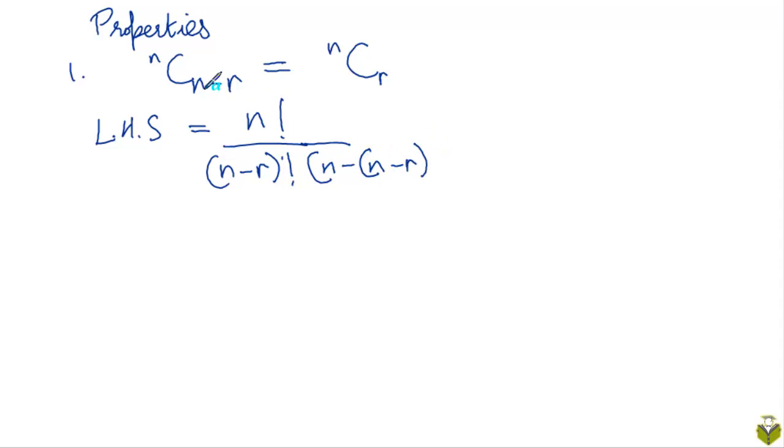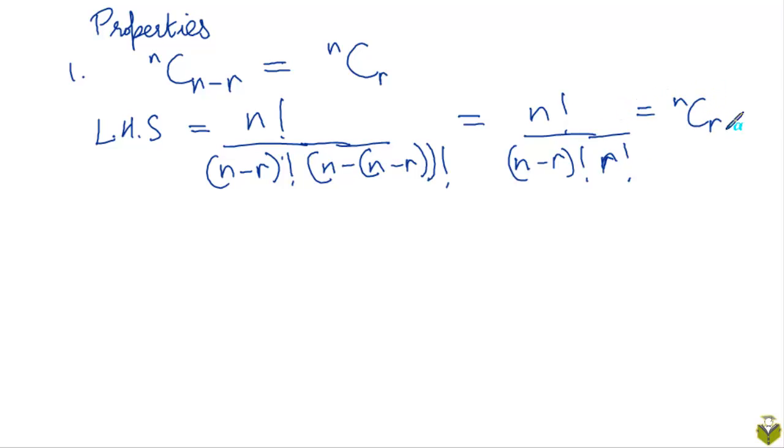Just substitute n minus r instead of r in that formula, and then you will get this. And what is n factorial divided by... and what is n minus (n minus r)? That is r factorial, right? So this is the same as nCr, right? And this is the same as the right hand side. So you have proved it.